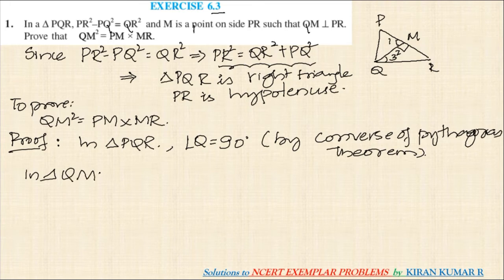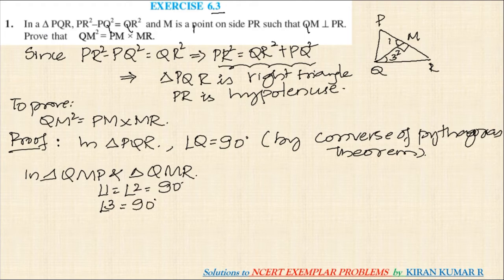In triangle QMP and triangle QMR, if I consider QMR and QMP, we have got angle 1 equal to angle 2, both equal to 90 degrees, and angle 3 is nothing but 90 degree minus angle R. This is same as angle P. When these two pair of angles are equal, I can say that triangle QMR is similar to the triangle QMP.